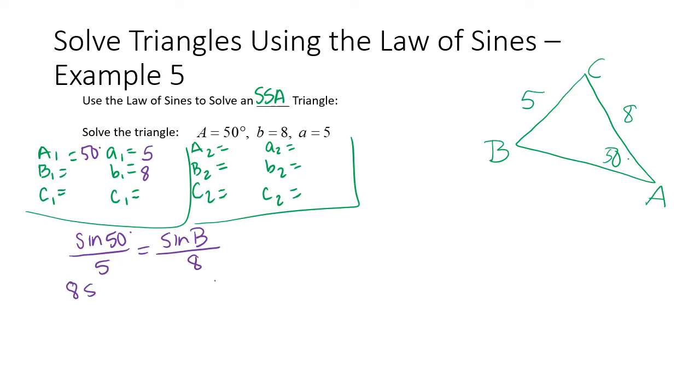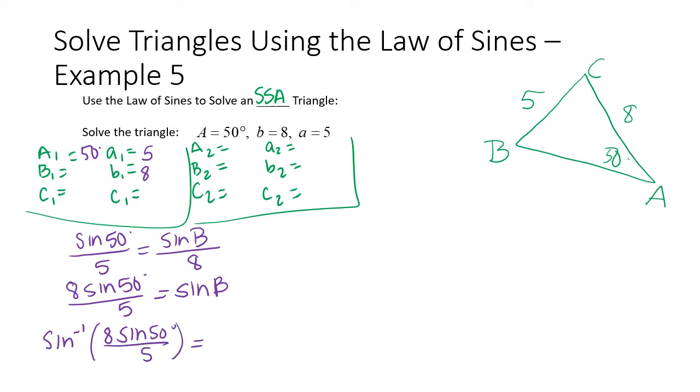So I get 8 times the sine of 50 degrees over 5 equals the sine of angle B. And then we'll take the sine inverse of both sides. Those cancel. And when you put this in your calculator, you end up getting undefined. And that's because this number is bigger than 1.